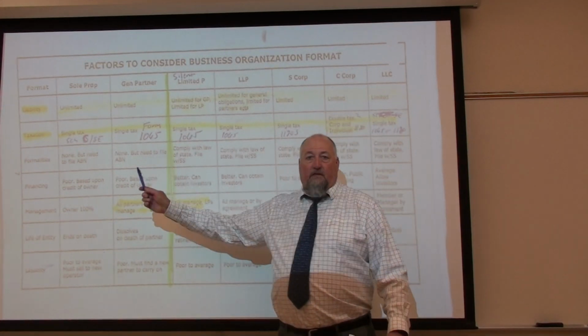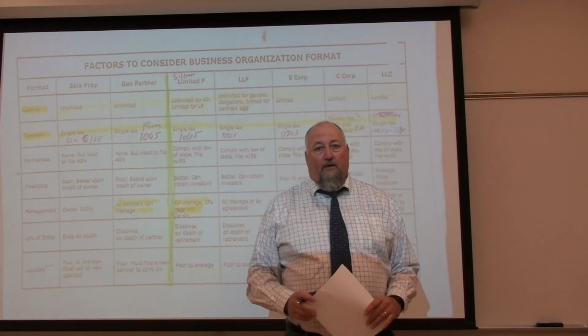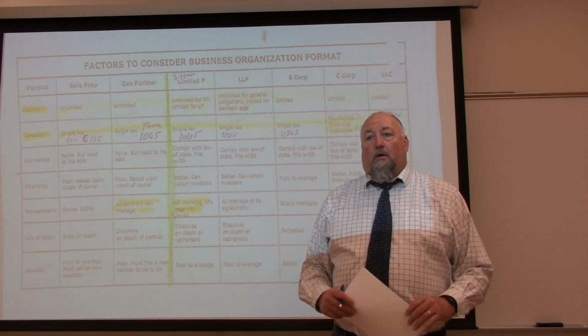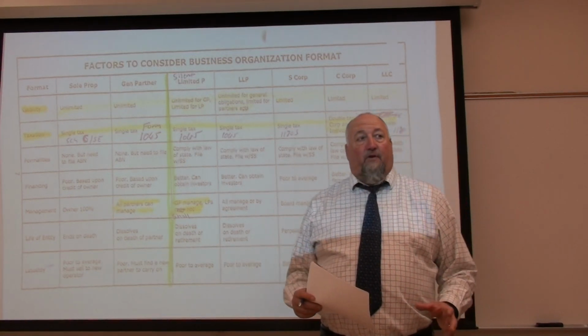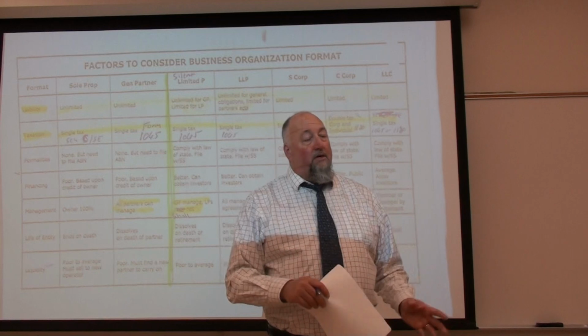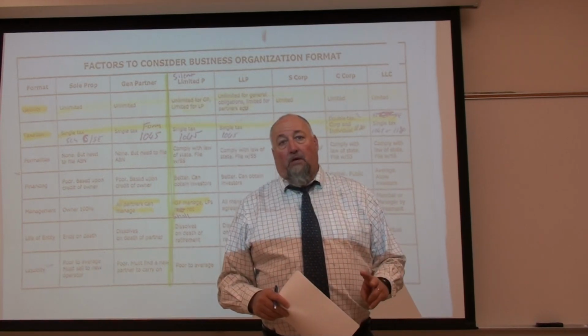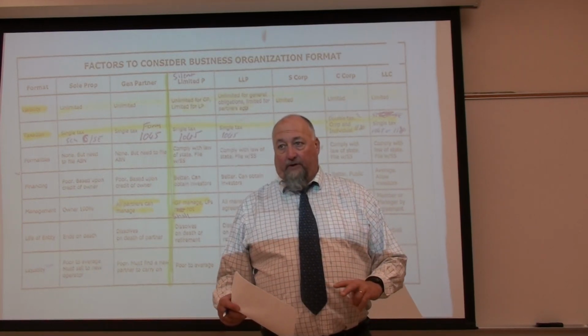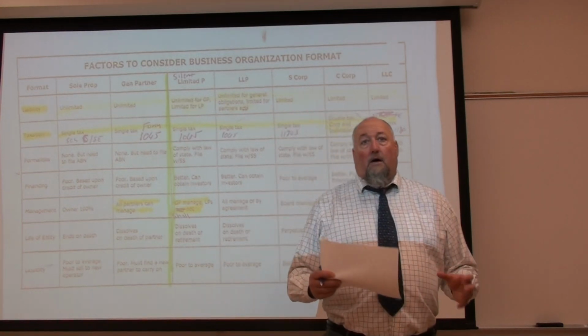So the most basic type of a partnership is a general partnership. A general partnership is the default form of a business structure when two or more people are doing business together. It is created automatically.